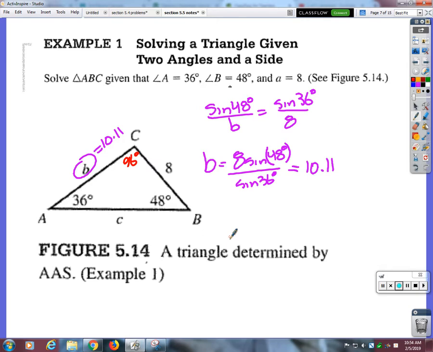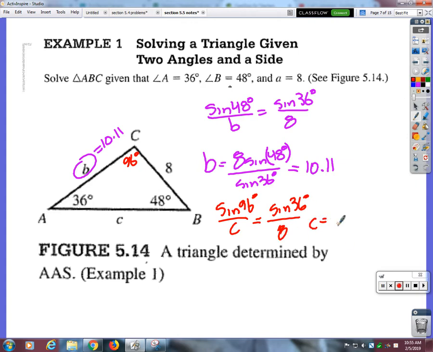So to figure out side C, I'm going to go the sine of 96 divided by C equals. Technically here I have two different ratios that I could use. I could use the 8 and the 36, or I could use the 48 and the 10.11 that we just figured out. My advice to you is to always go back to the original information that you were given. So I'm going to set this equal to the sine of 36 divided by 8. Okay?